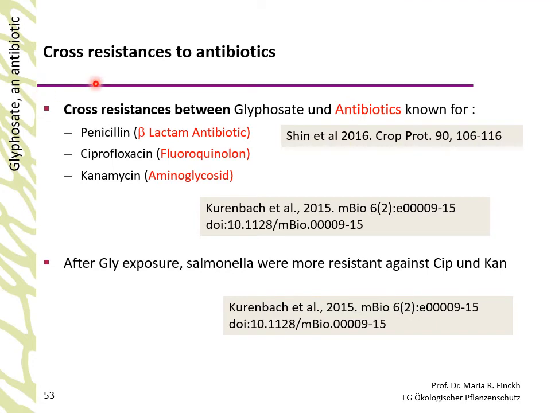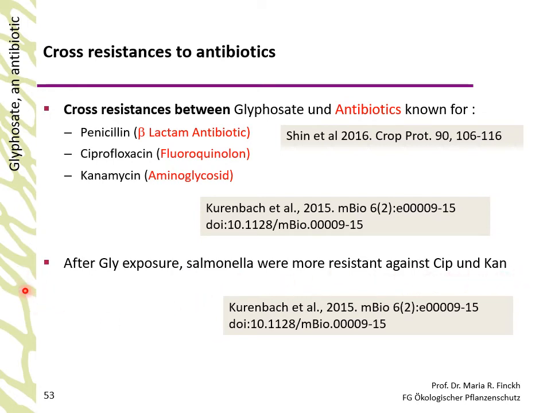We know we have cross-resistances to antibiotics. For example, glyphosate and antibiotics have been shown to react with cross-resistances for penicillin, for ciprofloxacin, and kanamycin. Those are three different types of antibiotics. They all interact with glyphosate. And one study showed then that after glyphosate exposure, Salmonella were more resistant against ciprofloxacin and kanamycin.